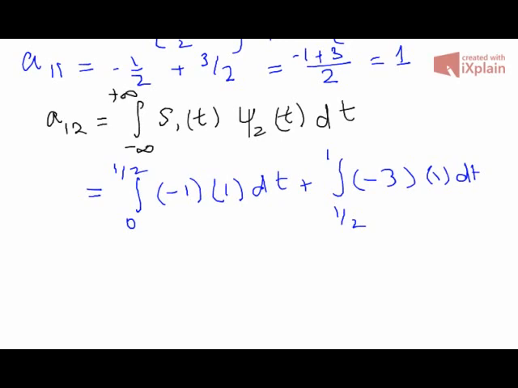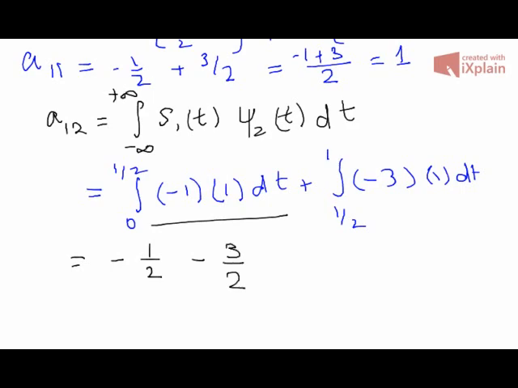So now we need to solve this one. If you solve this, you have minus half from this integral, right? And you will get minus 3 over 2 from that integral.